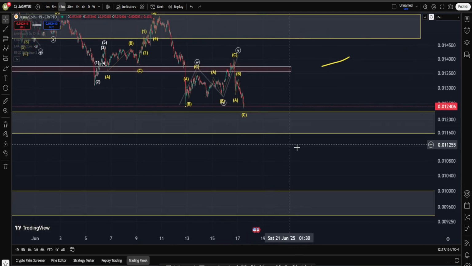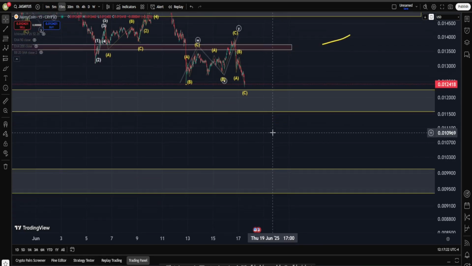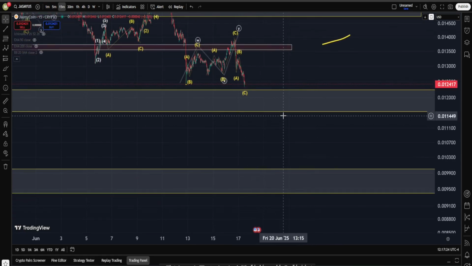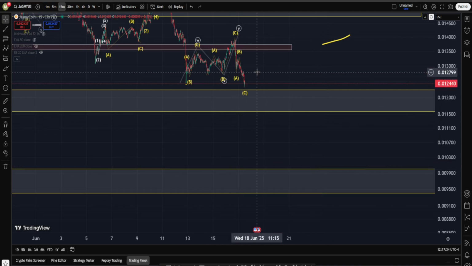Well, under here, I do not believe that we are having a whole lot of strong support. So maybe in Jasmy coin, we are going to break this area and then reach to about the next important level, which is all the way down here between 0.9 of a cent to about exactly the 1 cent area, meaning from the current point we can expect like a 22% move on the downside.